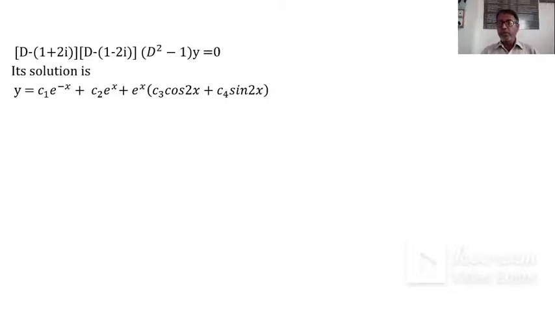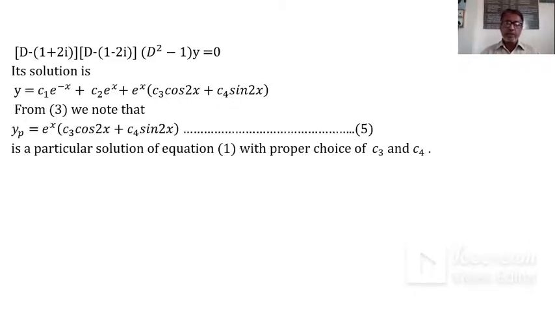Therefore, the particular integral yp of the given non-homogeneous differential equation is yp equal to e to the power x into this bracket, c3 cos 2x plus c4 sine 2x.